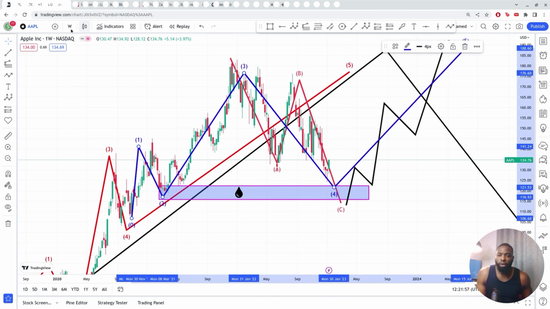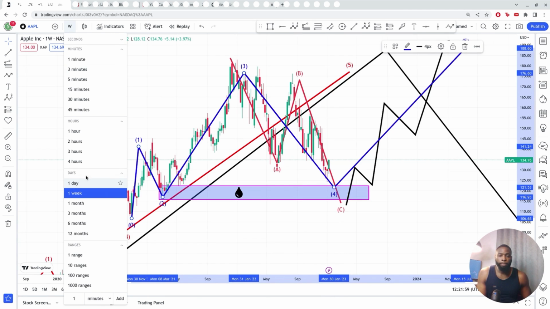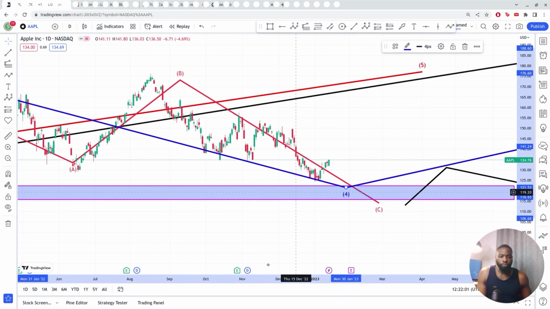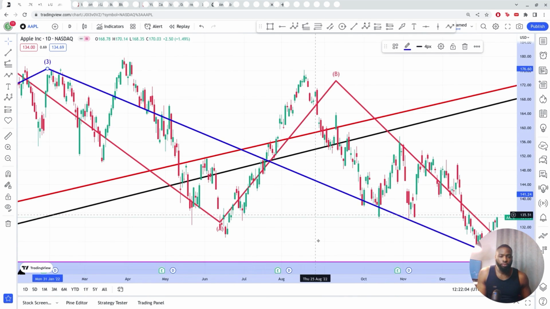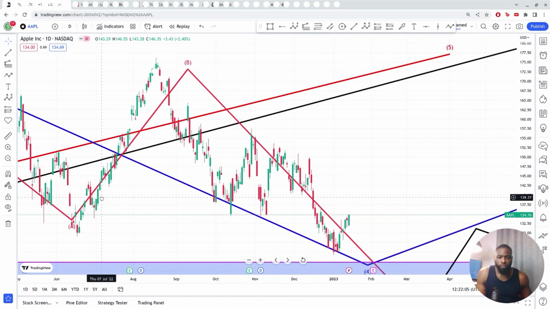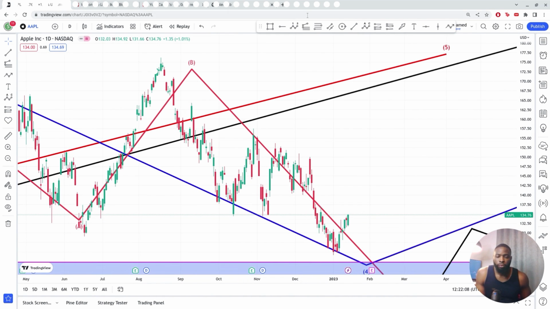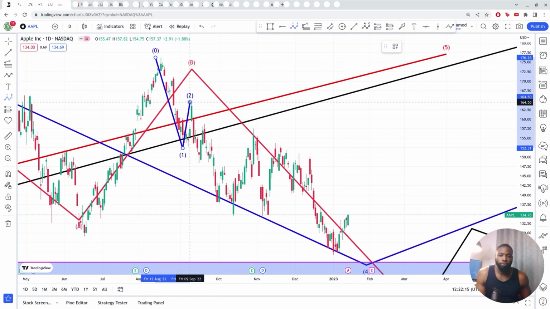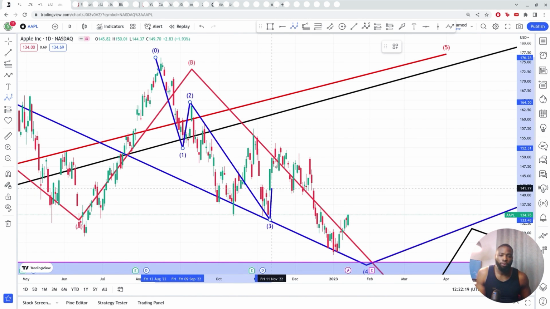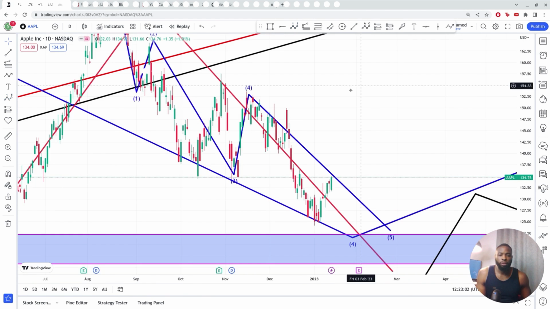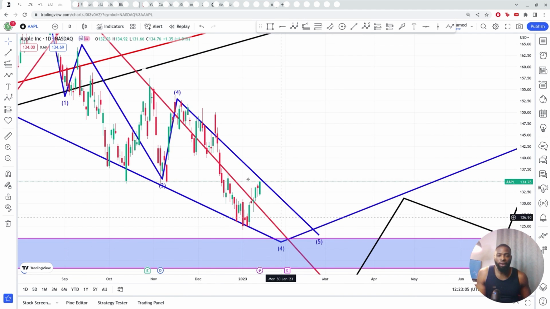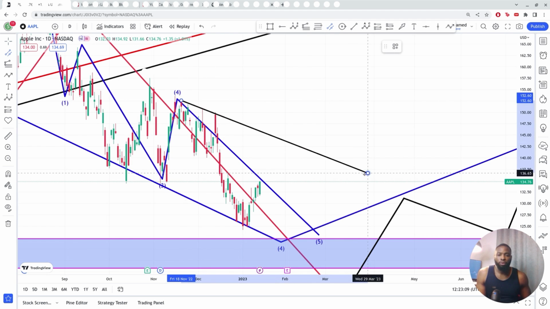So if I go down to the daily time frame, this is the first wave, second wave, third wave, fourth wave, and the fifth wave. For this fifth wave, I'd also expect a 5-wave pattern down here. Get my trend channel. This down here.